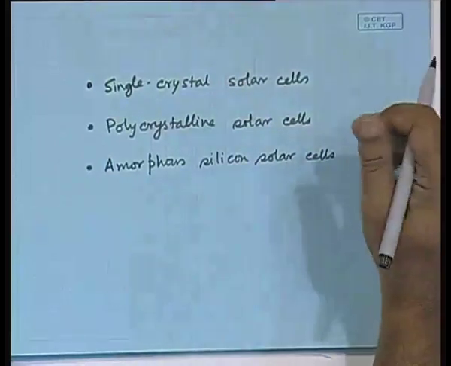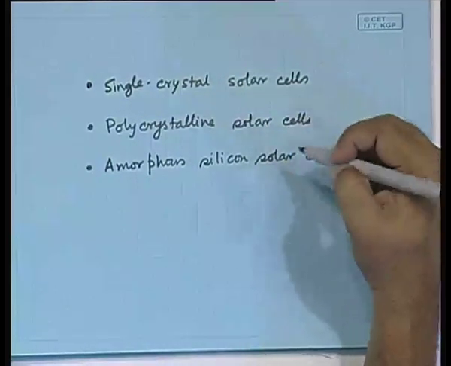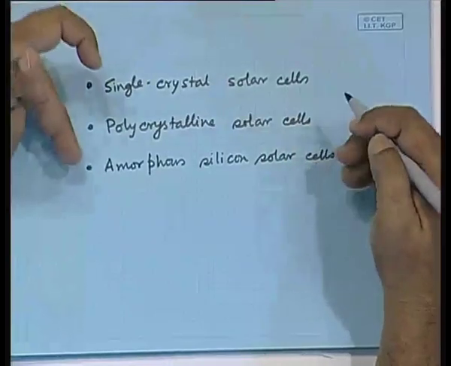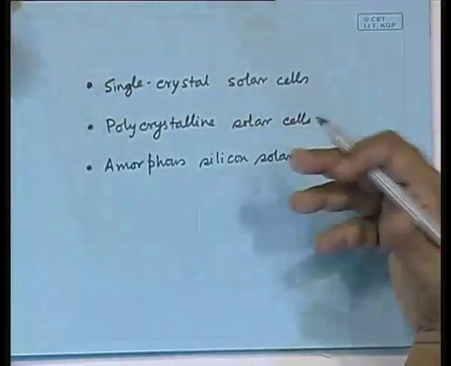Obviously, their efficiency is very low, but the cost of production is also very low. For example, some calculators have small solar cells, right. These are all amorphous silicon solar cells, because there the amount of power necessary is very small. So, they simply put some amorphous silicon solar cells. So, there are 3 types.